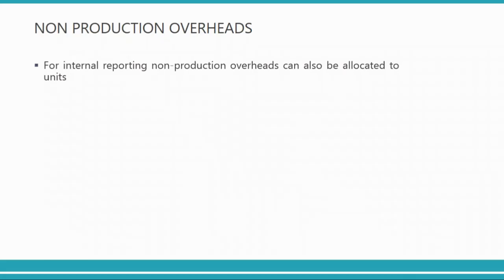You only charge non-production overheads for some other management purposes. Usually this entire topic of absorption of overheads is for production overheads only. That is not for non-production. Non-production you can just do for yourself for analysis purposes.